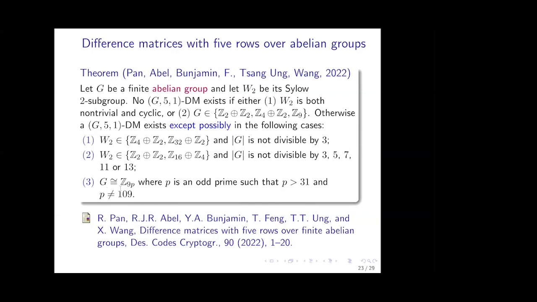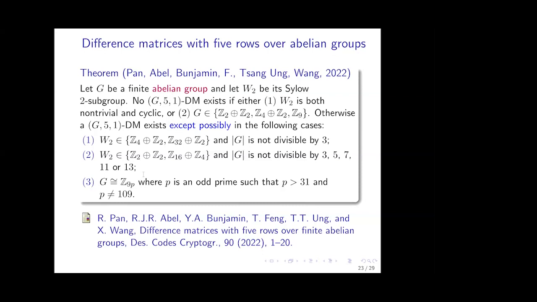G is isomorphic to the cyclic group of order 9 times P. This case is still open. Here, P is an odd prime. Because P is an odd prime, 9 times P is 9 modulo 18.